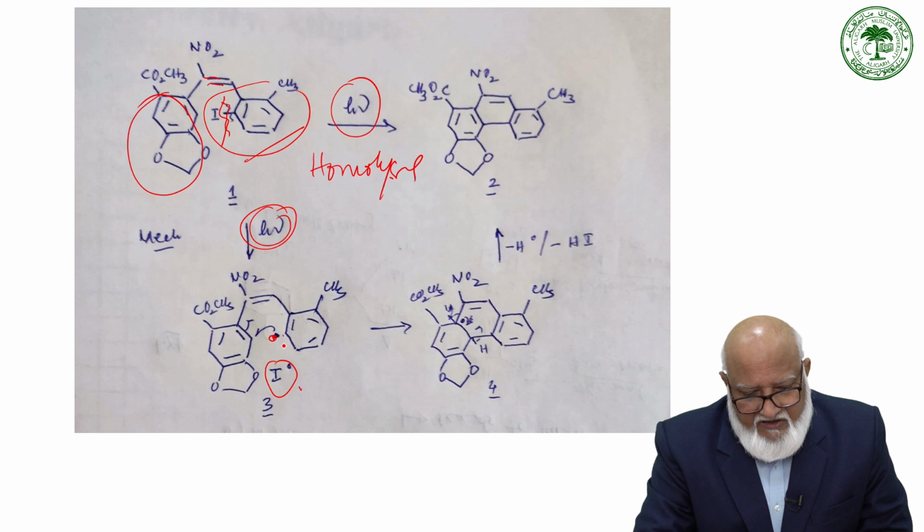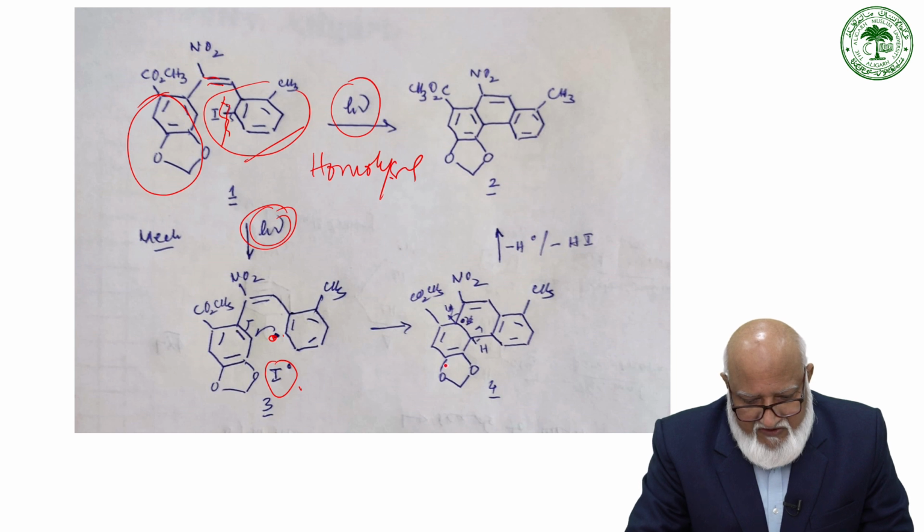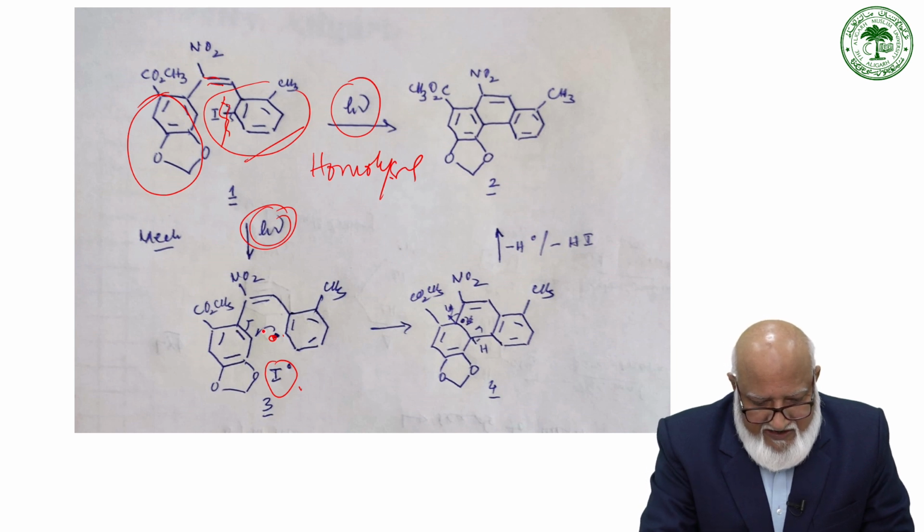This aryl radical is nicely set up for radical cyclization onto the adjacent aryl group present over here. It will add to this, and then the radical becomes centered here.